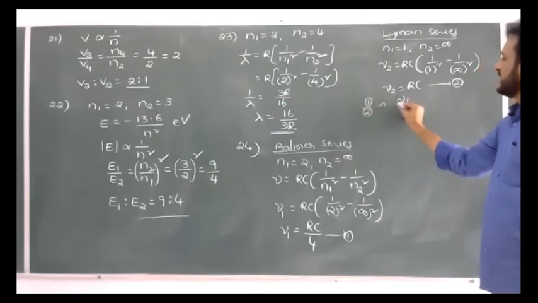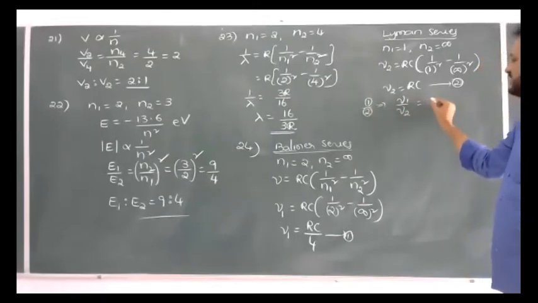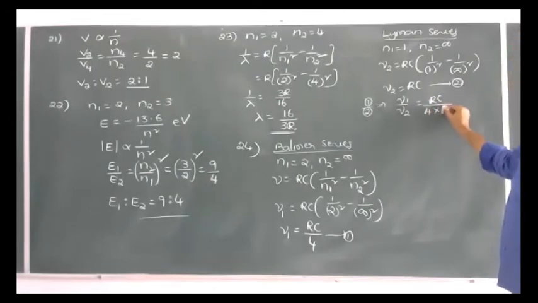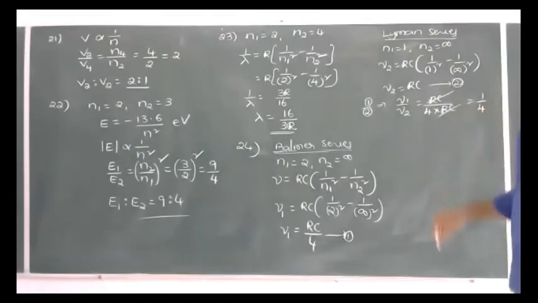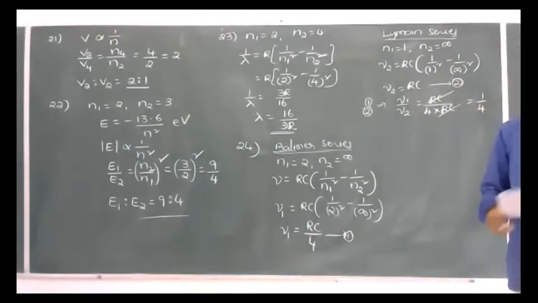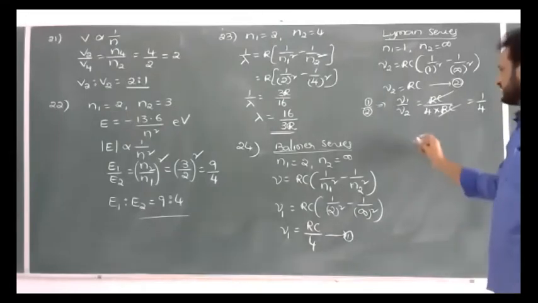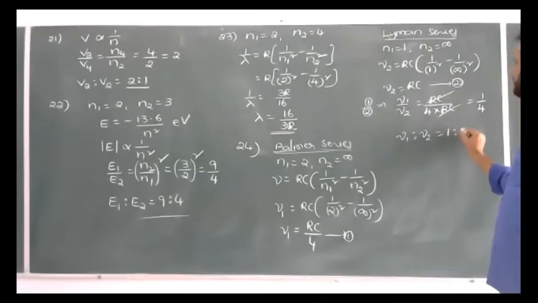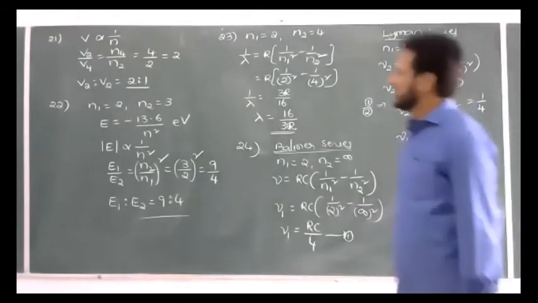Nu 1 by nu 2 is equal to RC by 4 divided by RC, so RC gets cancelled, equal to 1 by 4 or 1:4. So question number 24, 1:4 correct. Nu 1 is to nu 2 is equal to 1:4 is the correct answer.